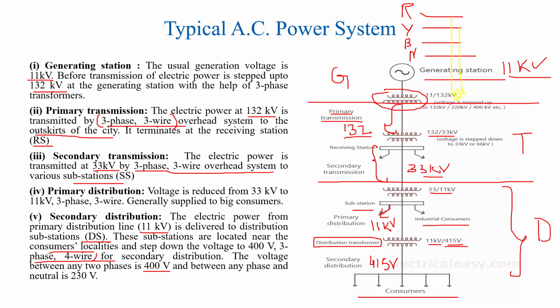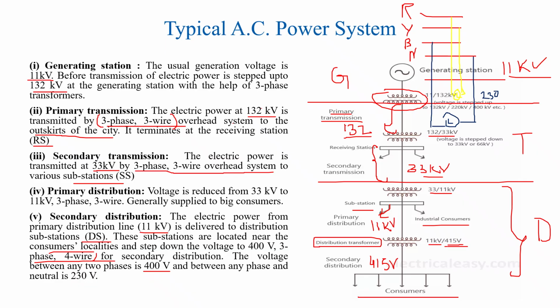If the consumer is a domestic consumer, then it will take a line from B and another from N, and it will be given to the load. So the voltage for the second one is 230 volt and the voltage for the first one is 400 volt. So we get 400 volt only when we connect two phases, and we get 230 volt when we take a connection from a phase and a neutral.